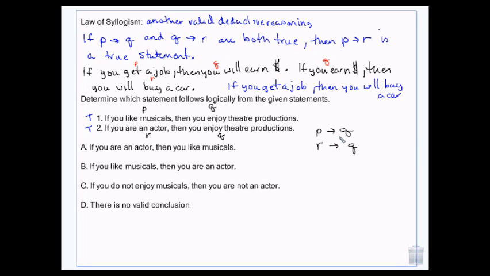Do you see how these don't match? Oh, because it's R. Yeah, so in order for this to be valid, what we want is P to Q, Q to R. And then we can take out the middle and just go P to R. What we have right now is P to Q, R to Q. So because of that, there is no valid conclusion.